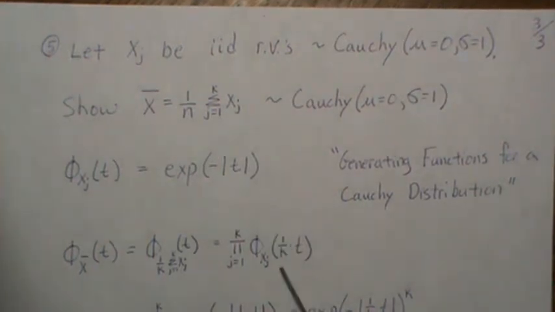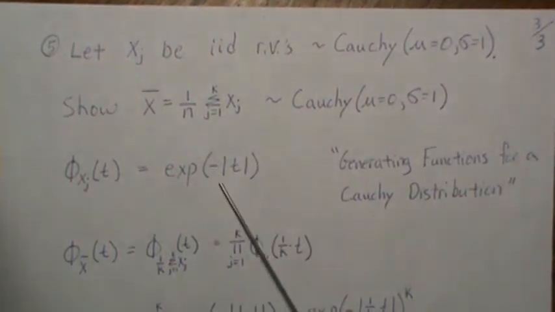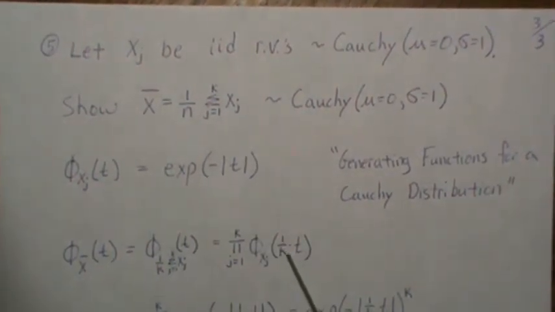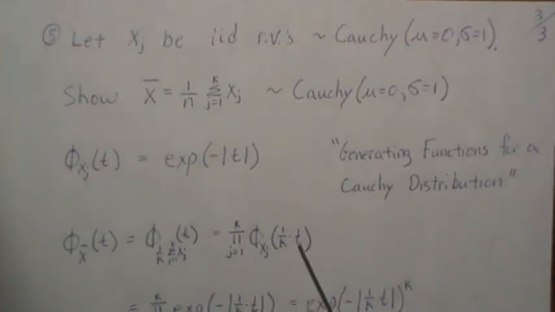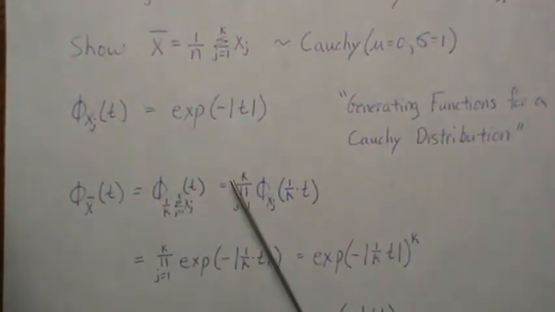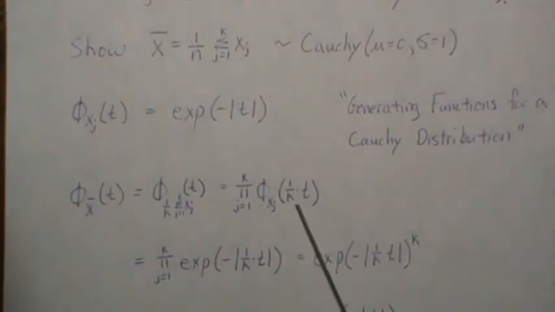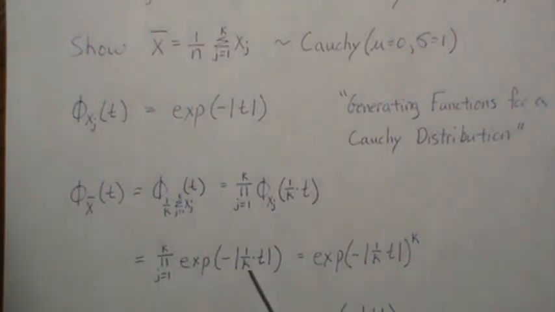Then we take this in here, but we take it times 1 over k times t. So what that means is that we have the product, and we're going to plug 1 over k times t in here. Well, now there are k of these, so we raise it to the kth power.